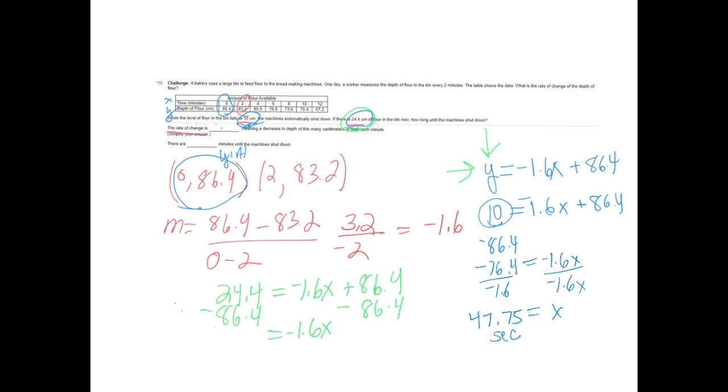That is going to give us a negative 62. And then we're going to have to divide both sides by negative 1.6. And that'll give us that x is equal to 38.75. And so what that tells us is that at 38.75 seconds, we're at 24.4.